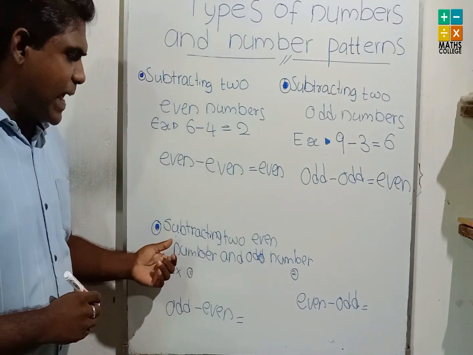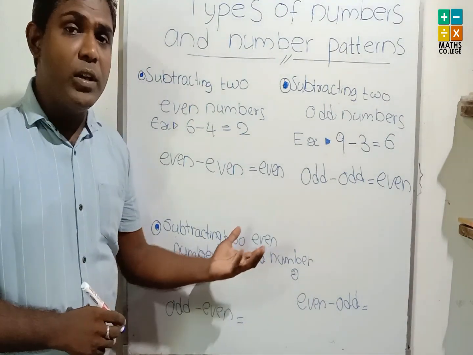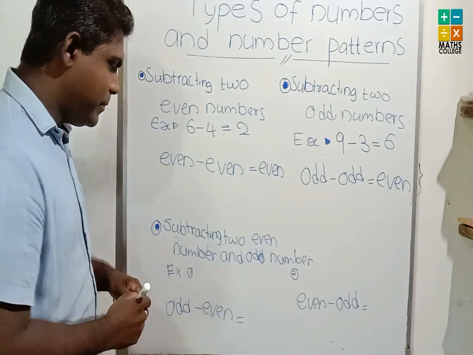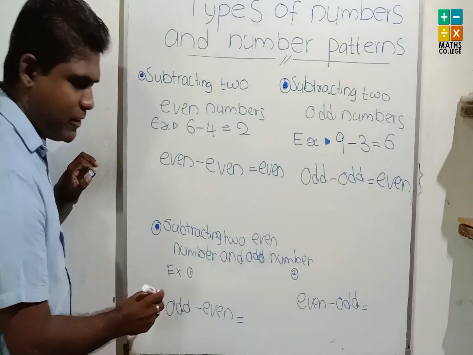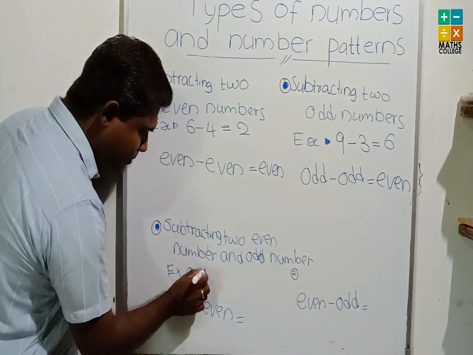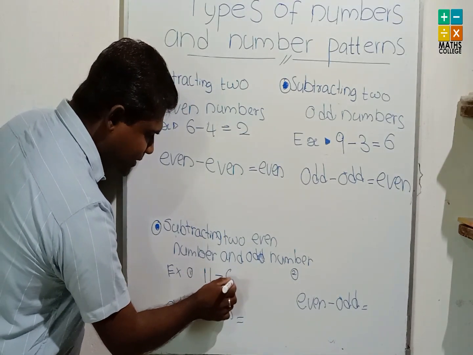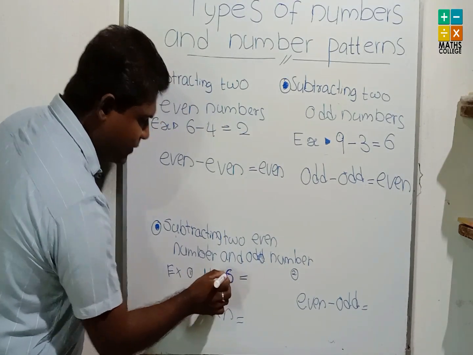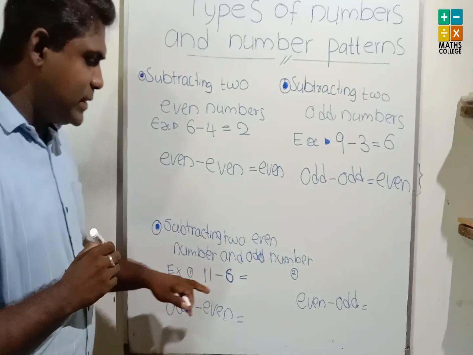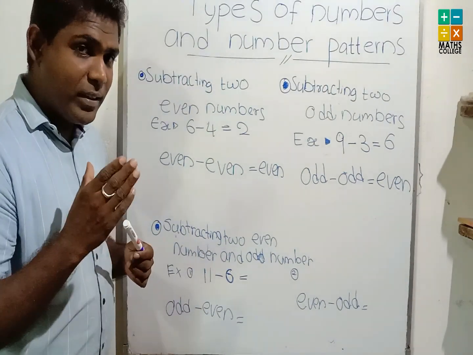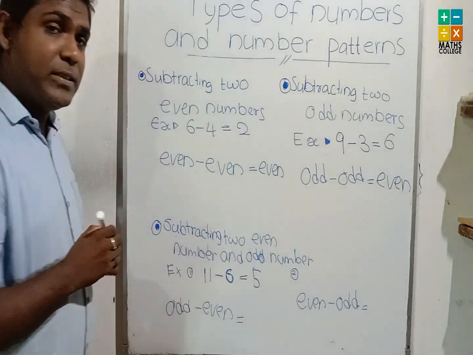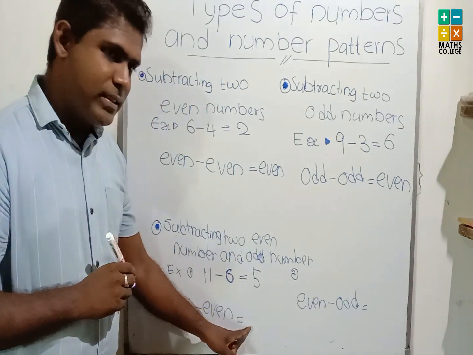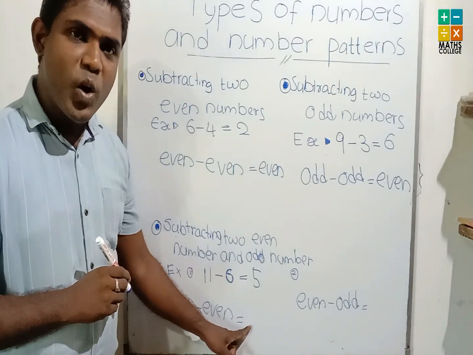Then subtracting an even number and an odd number, a different type. When we consider odd number subtraction even number, 11 subtraction 6. 11 is an odd number, 6 is an even number. What is the answer? The answer is 5. What type of answer?